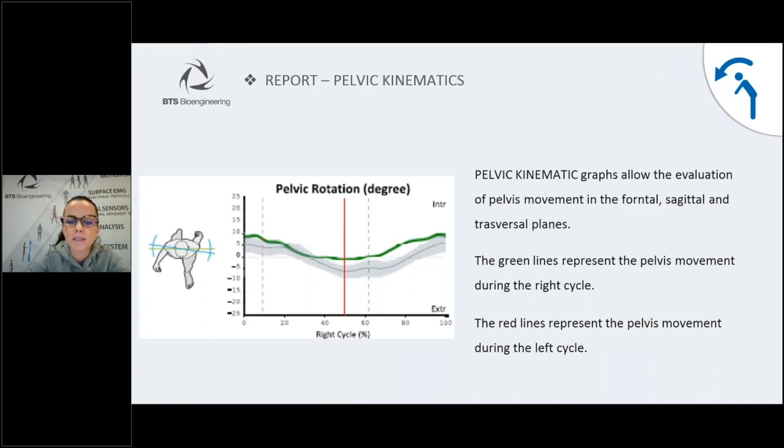I suggest to look at the movement described by the right anterior superior iliac spine when we evaluate the right gait cycle, and to look at the left anterior superior iliac spine when we evaluate the left gait cycle. The gray band represents the normal range, that is the correct movement that the pelvis should perform on the transversal plane.